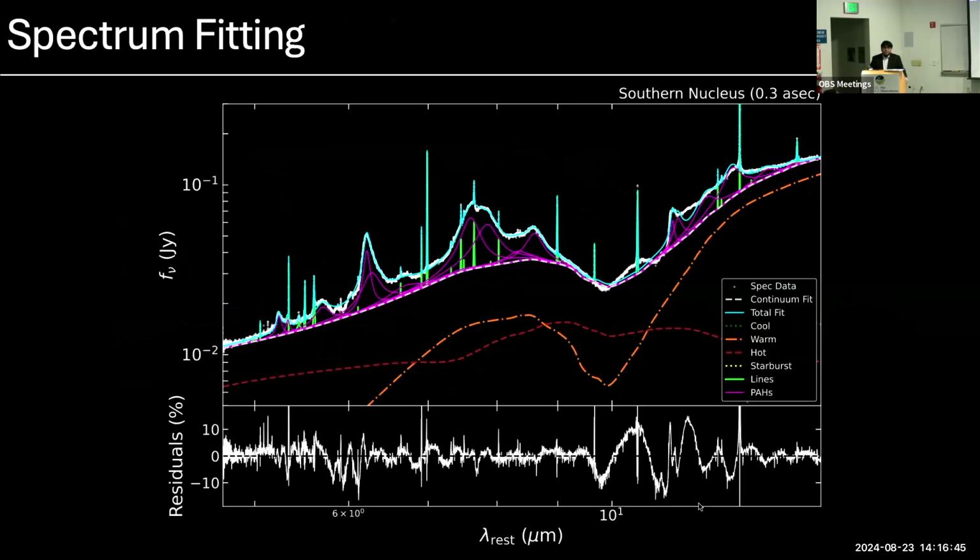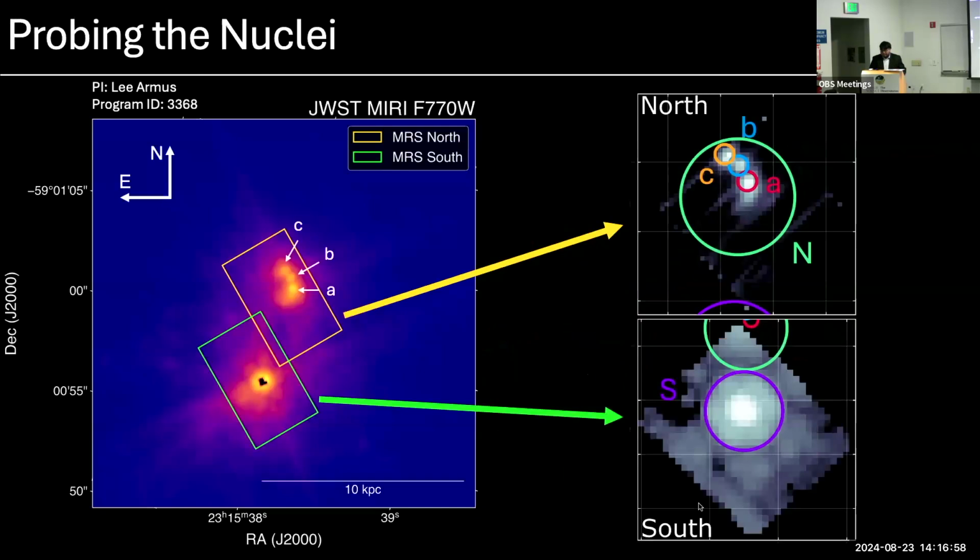There are some features that aren't accounted for, but for the sake of modeling the dust and the emission lines, this is good enough to actually begin to probe some of the more coarse features within the galaxy.